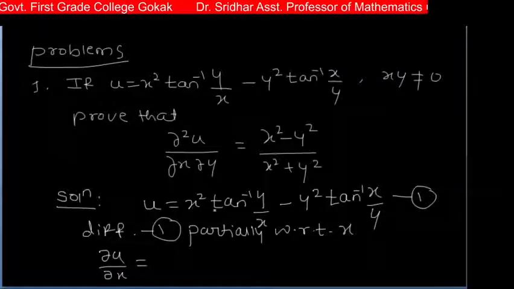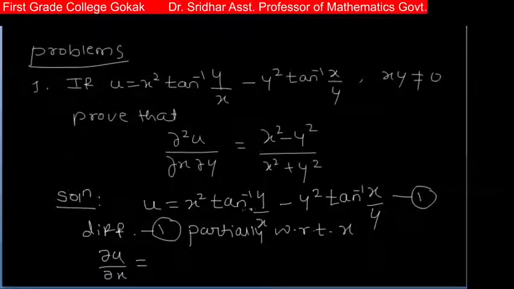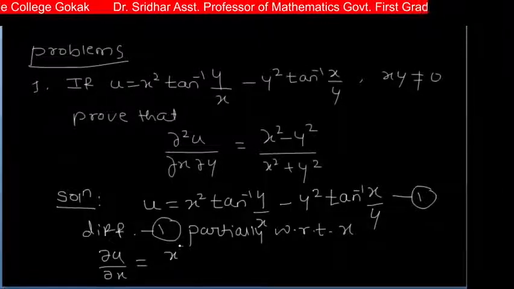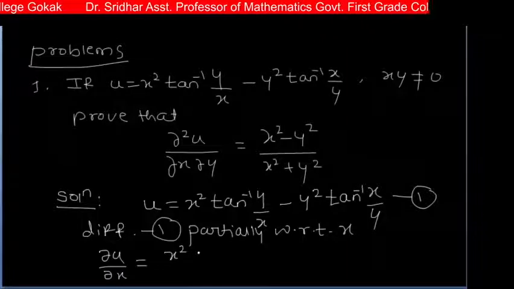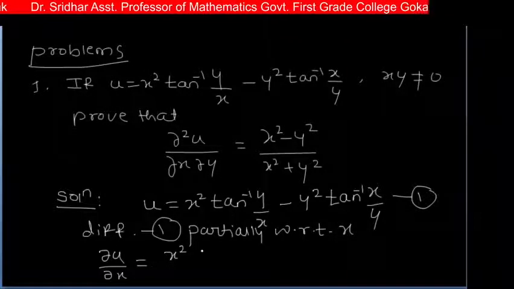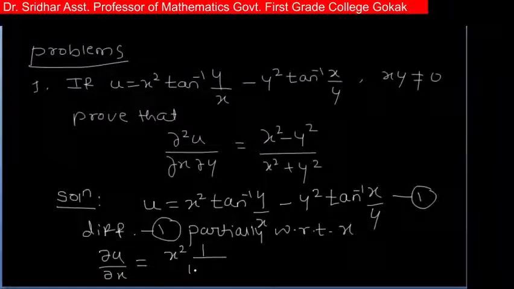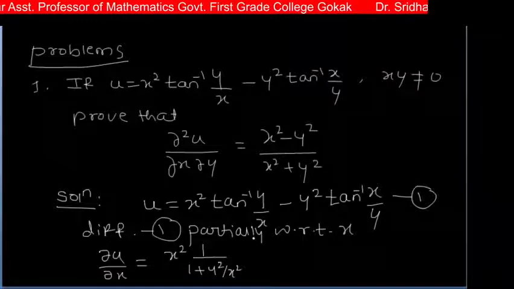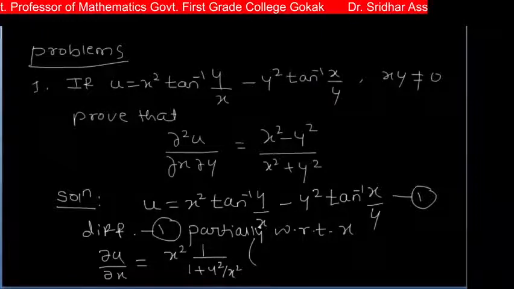Here also x is there and here also x is there. So therefore we have to apply product rule. Keeping the first function as it is, differentiate the second function. So differentiation of tan inverse x is 1 divided by 1 plus y square by x square. Okay. Then again applying chain rule.